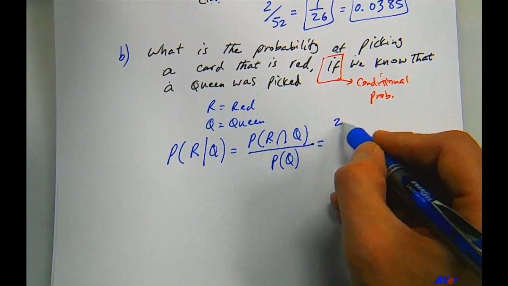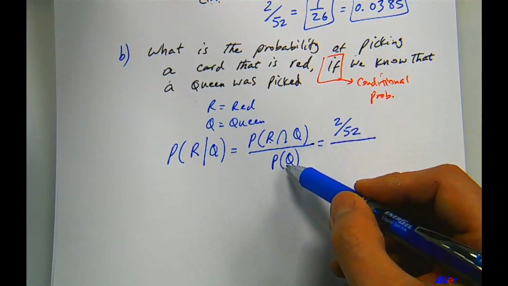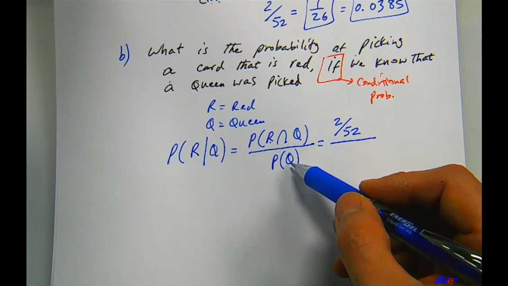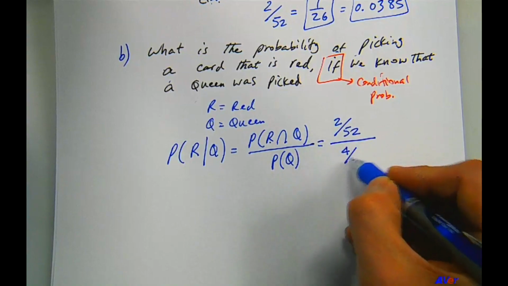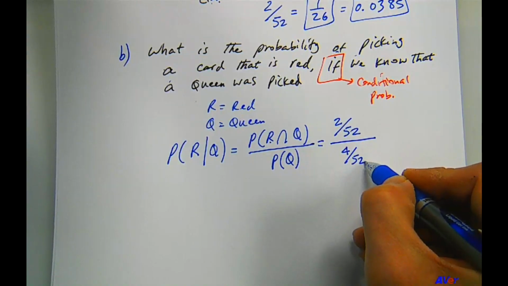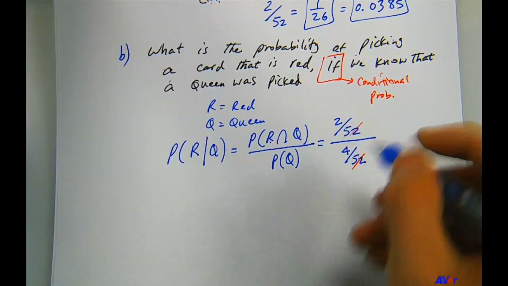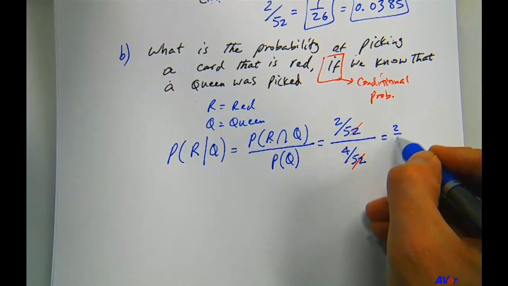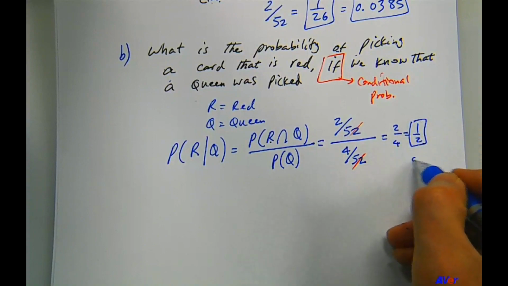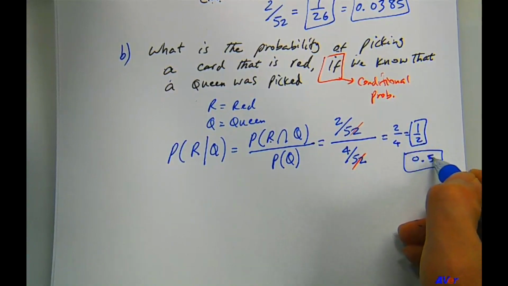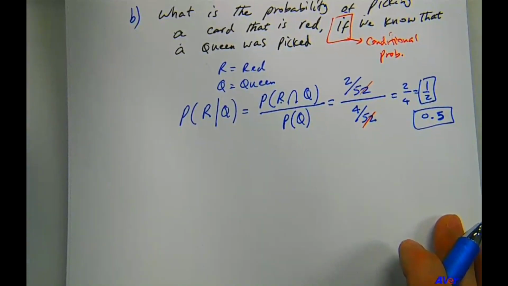So this would be 2 divided by 52, divided by the probability of picking any of the queens. So we know we have 4 queens in the whole stack. So this would be 4 out of 52. Okay, so then this is a complex fraction, and the 52s cancel out. We get 2 over 4, or 1 over 2, or also 0.5. Okay, so that's an application of conditional probability.